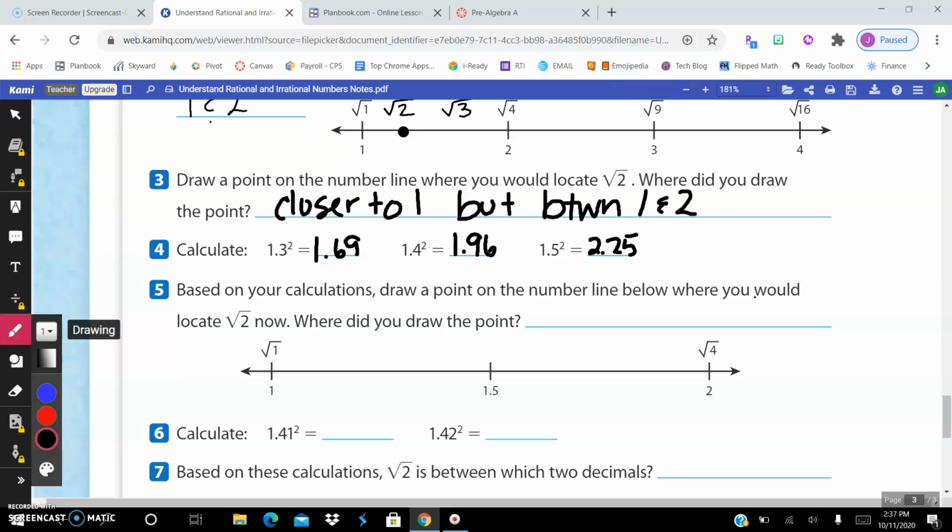So the square root of 2 might be here, and then the square root of 3 might be here. Oops, 2, because we have to divide it up into fourths. So somewhere in this area here.